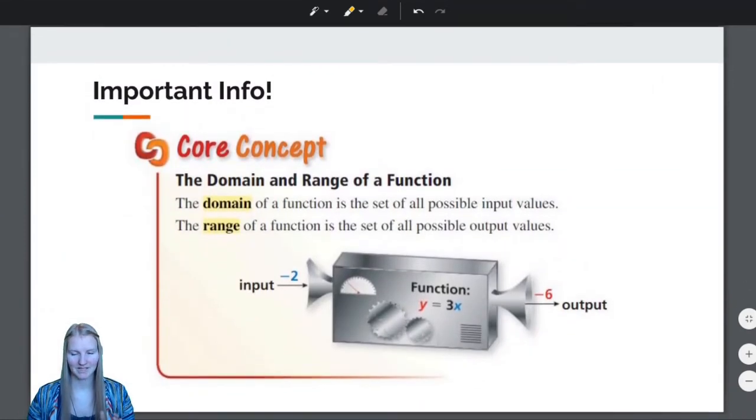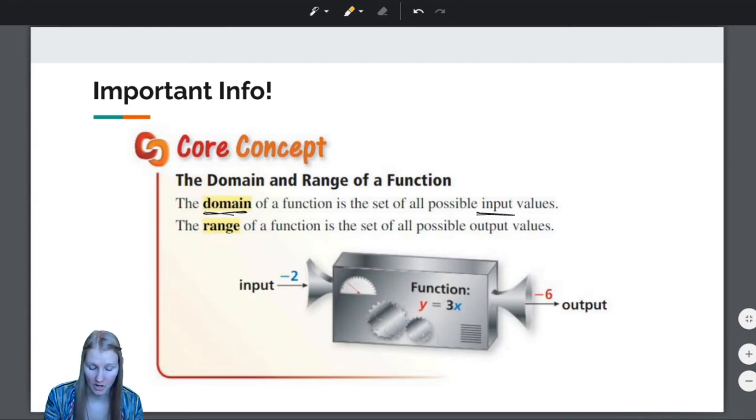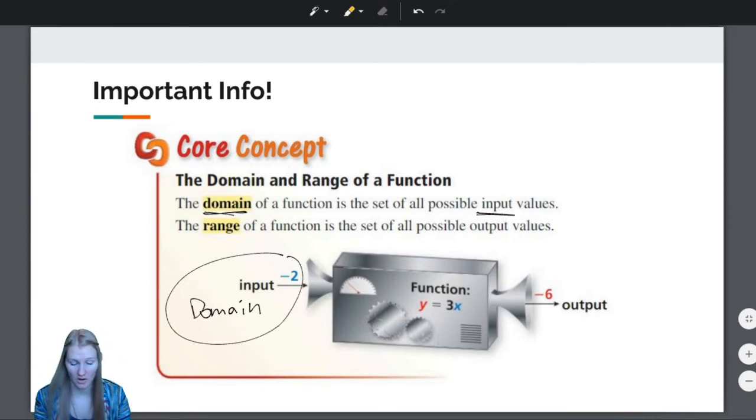Okay, all right. Now, we're going to talk about domain and range. So this is the last thing that we're going to talk about today. Now, the domain is all of the input values. So, the domain is what we are putting into the function box.